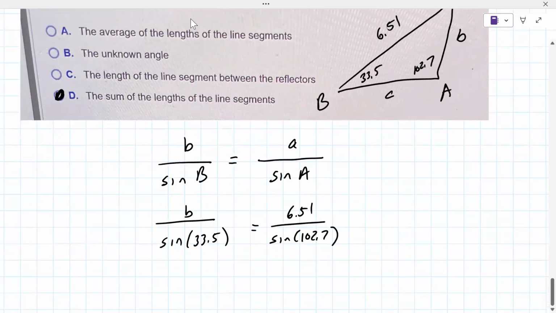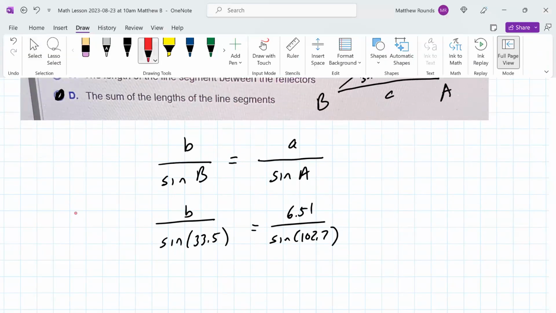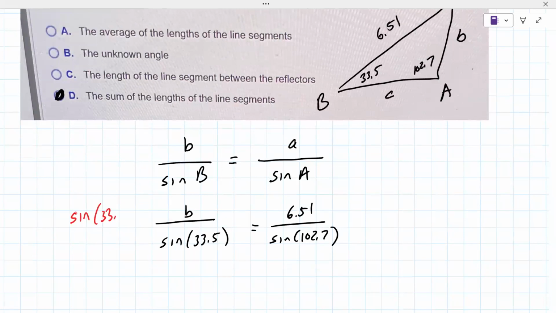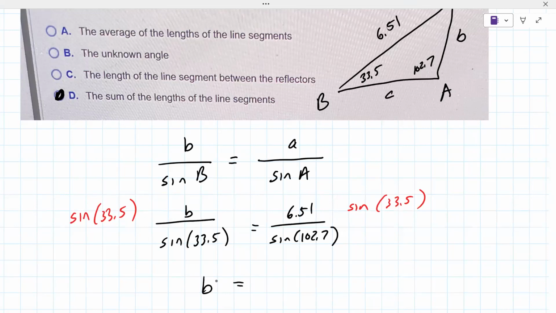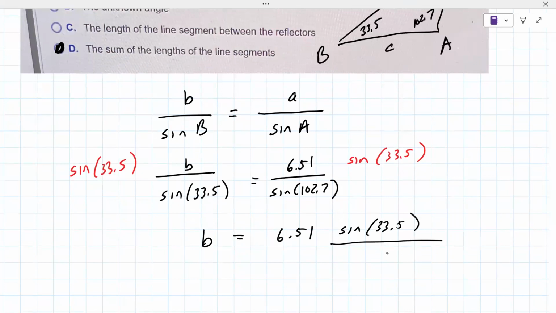And then you solve for B. B equals 6.51 sine 33.5 over sine 102.7. What we're going to do is calculate this. It says to round your answer to 2 decimal places for the total, so let's round this to at least 3 decimal places when we go to the calculator. Then we have to do the same thing to find side C, and then add them all up.